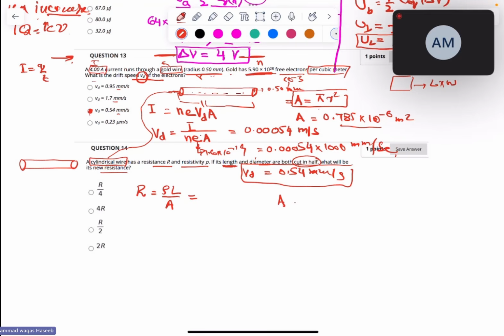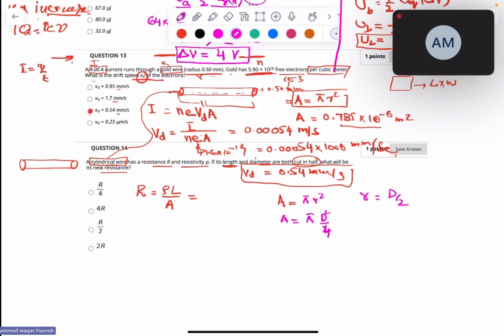So area is pi r square, and r is the radius, which is related to the diameter by this. So we substitute r square by d square by 4, so this is the area.